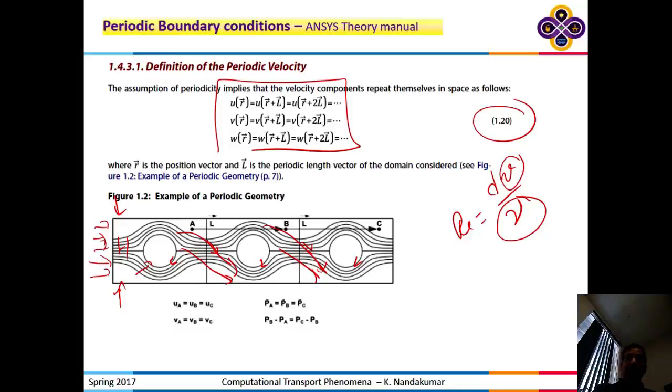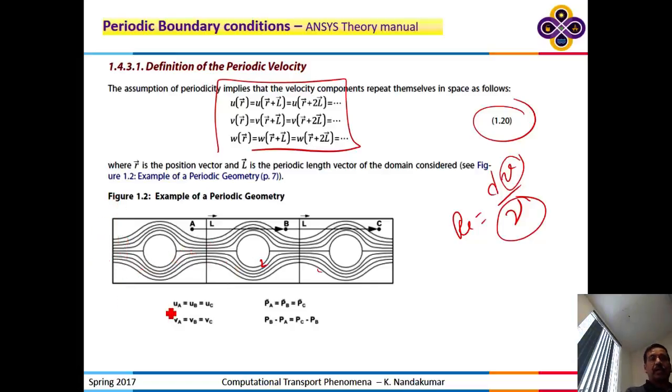But if I don't have that, if they are all stationary and low Reynolds number, then I will have both periodicity and symmetry. But if I have no rotation but a very high Reynolds number, then I will have a wake, something like this, and then again I have a gradient there. So I don't have symmetry, but I have periodicity.